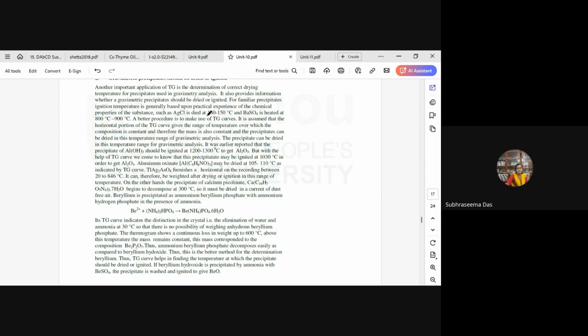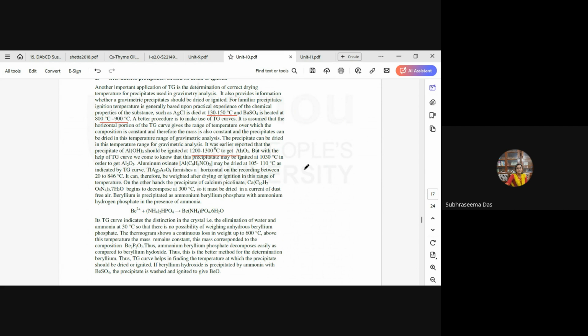Like AgCl, it is dried at 130 to 150 degrees centigrade. Barium sulfate is heated at 800 to 900 degrees centigrade. In order to avoid this, we can make use of the TG curves. It has been reported that the precipitate of aluminum hydroxide should be ignited at 1200 to 1300 degrees centigrade to get alumina.